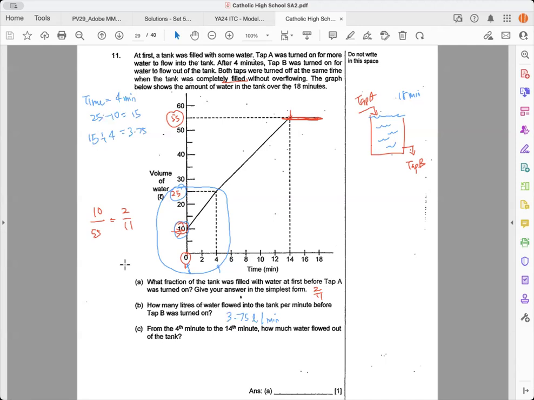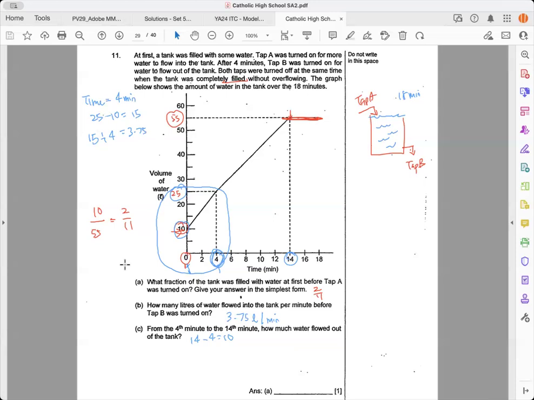Now part C, from the 4th minute to the 14th minute. From here to here, how many minutes have passed? 14 minus 4, 10 minutes have passed. How much water flowed out of the tank from the 4th to the 14th minute? During this time, tap A is still turned on.